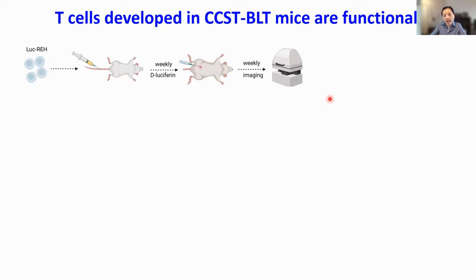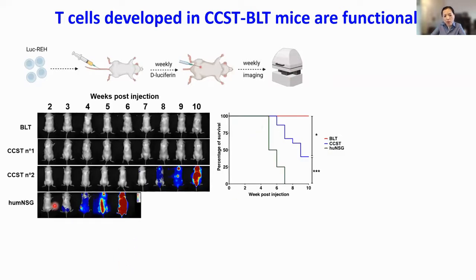And we perform the analysis using bioluminescence. And as you can see from here, NSG mice are unable to reject tumor cells and die within 7 weeks of injection. BLT mice, on the other hand, are able to completely reject tumor cells and survive over the entire period of the experiment.